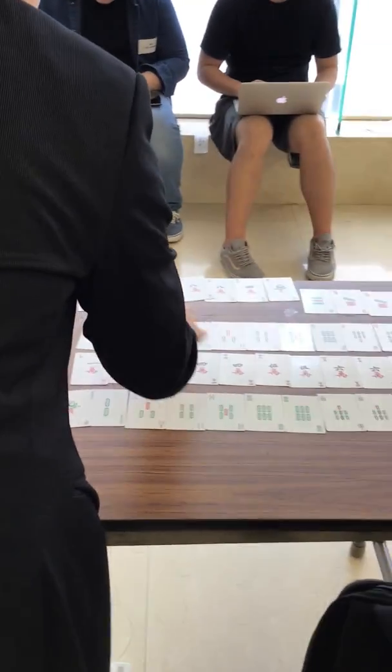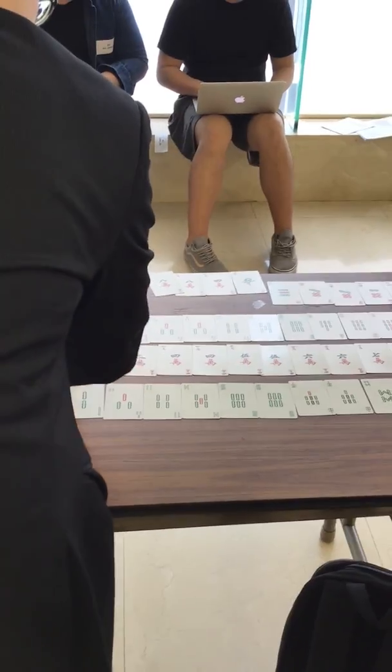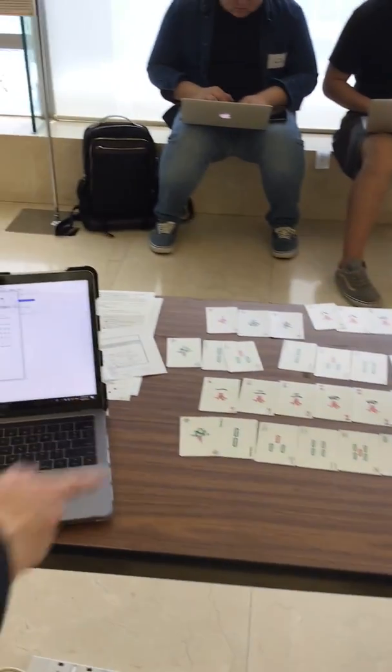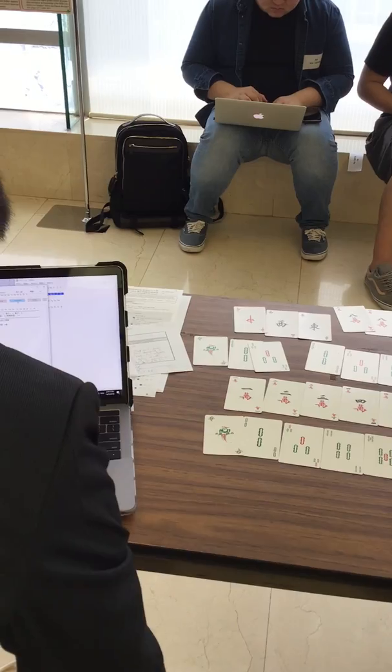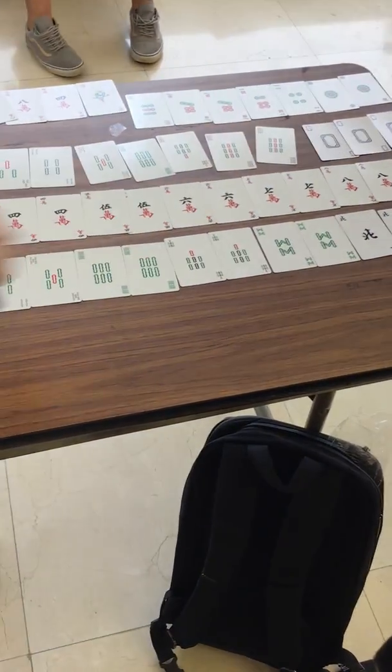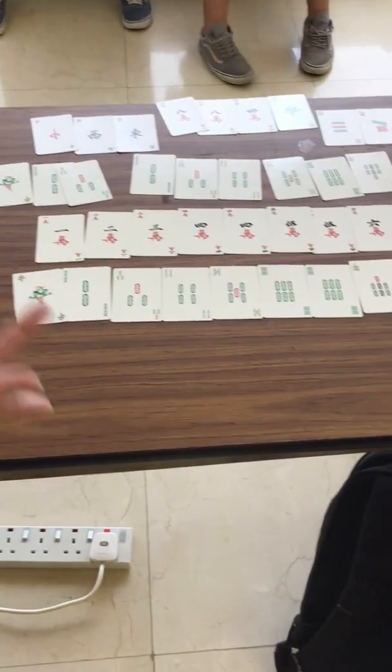It can separate like this: four sets and a pair. It also helps you calculate how much score you get. It's 4 score, because you have three honor tile sets and you are mixed suit, so it's a total of 4 score.